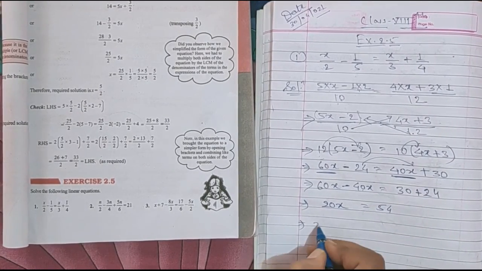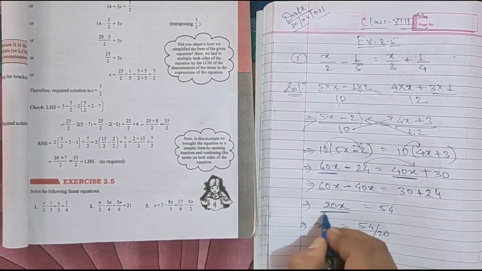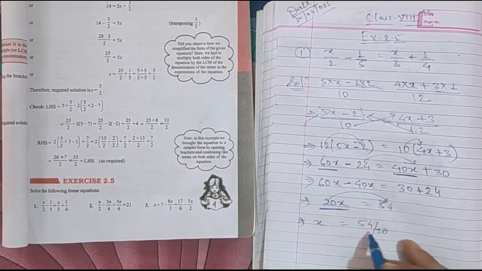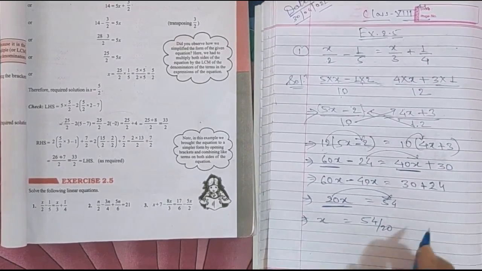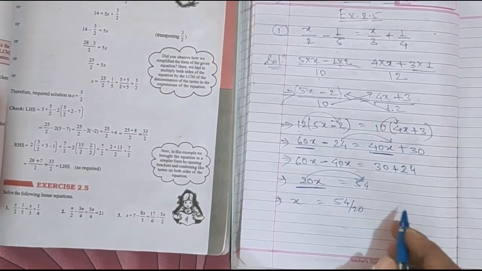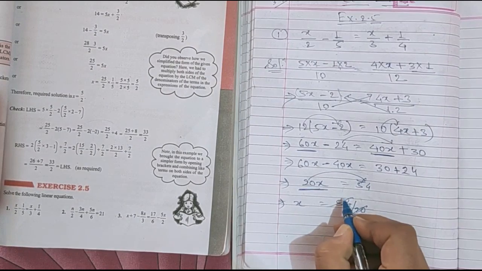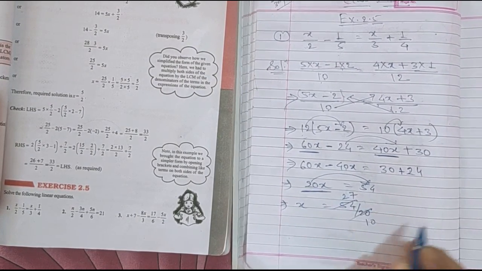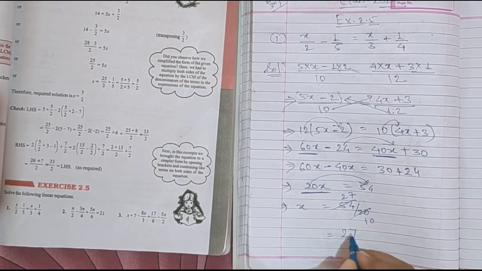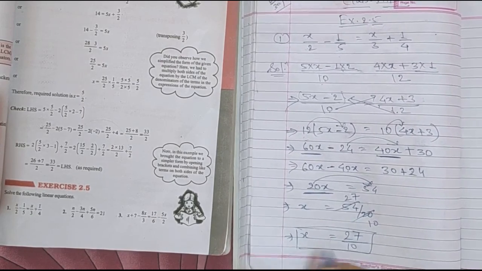So x is 54 divided by 20, because 20 is multiplying and when we transpose it, it will divide. Cutting by 2, we get 27 upon 10. So our answer is x = 27/10.